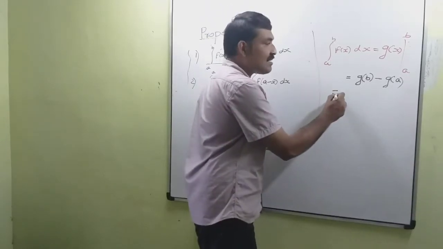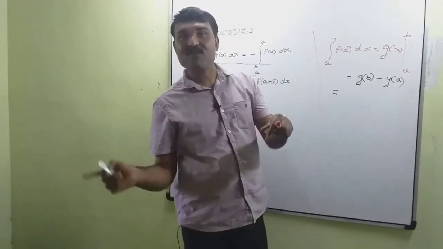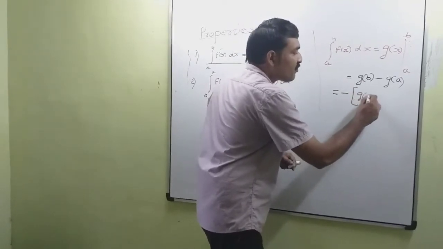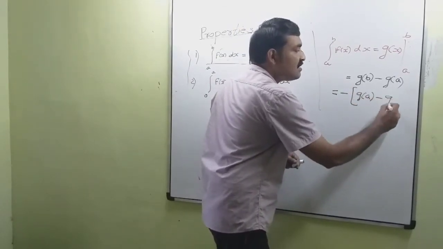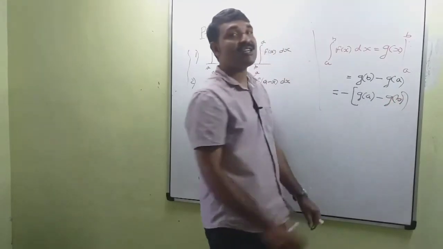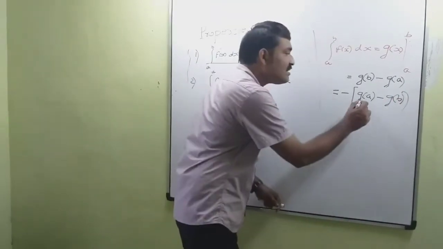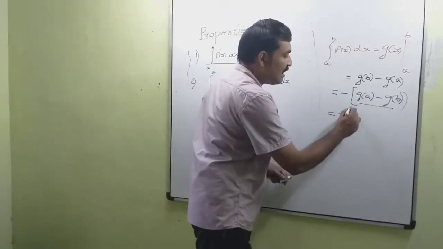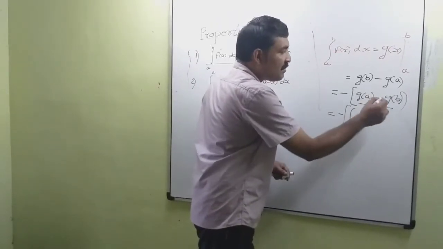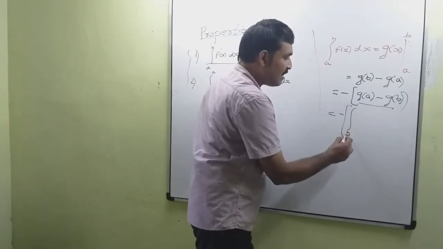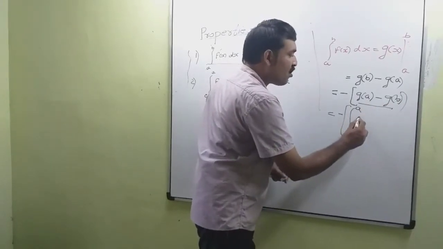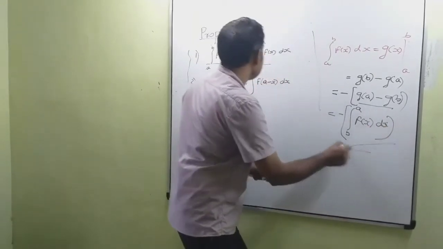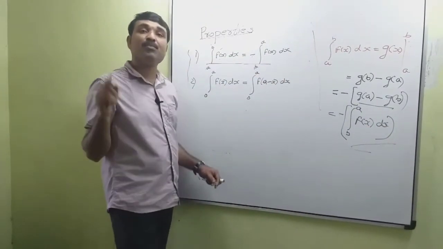Now we can write this as, take the minus outside, so this becomes minus of g of a minus g of b. So the equation is balanced. Now what is g of a minus g of b? That we can write as minus of integral, lower limit b and upper limit a, of f of x dx. This is the same as RHS, hence proved.